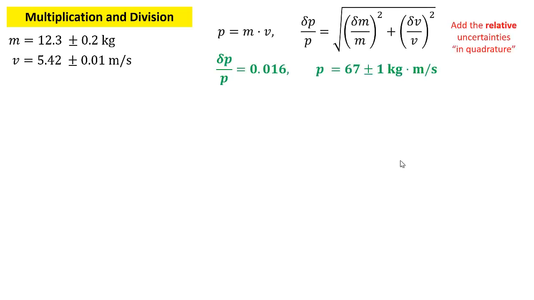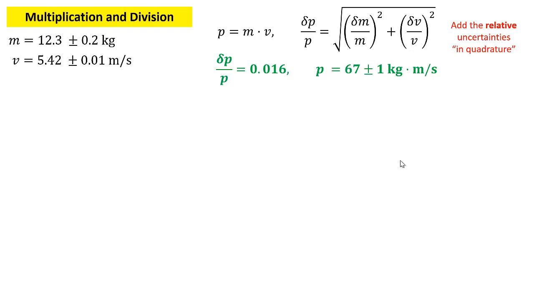What about if you multiply or divide quantities? So let's say I have a mass and a speed measured here with their uncertainties, and I want to know the calculated momentum for these quantities. Well, the momentum itself would just be mass times velocity. The uncertainty in the momentum, well, it's actually easier to write it as the relative uncertainty in the momentum, because it turns out when you multiply or divide quantities like this, you just add the relative uncertainties in quadrature.